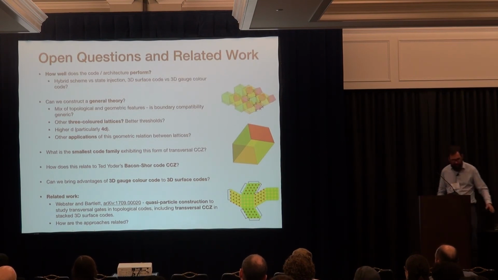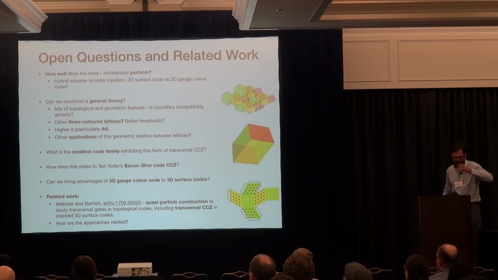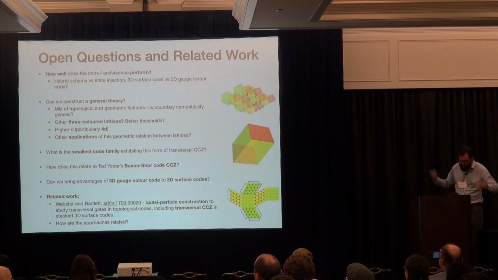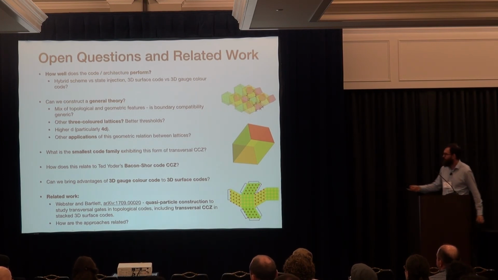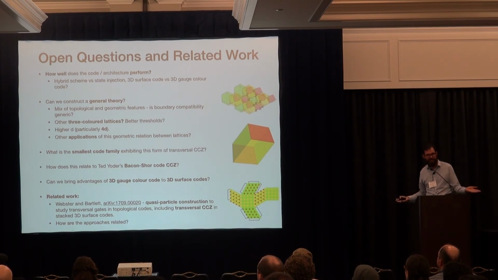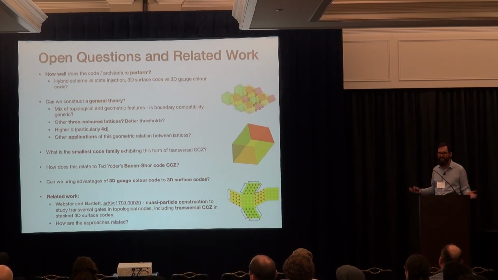So let me conclude with some open questions. I've already mentioned that it's an open question how well this code performs, and that's a key question that needs to be answered to know whether we should take this seriously as a potential architecture for universal quantum computing.